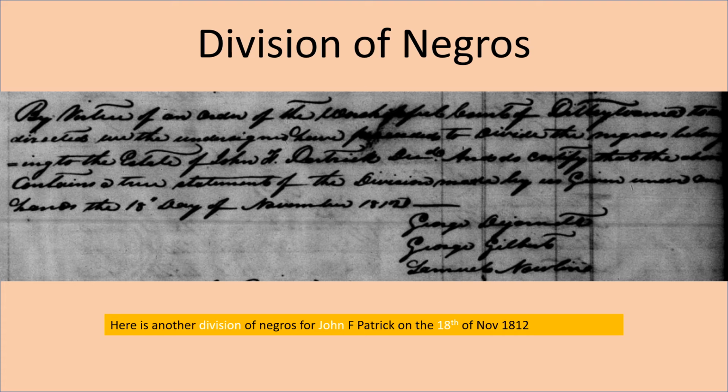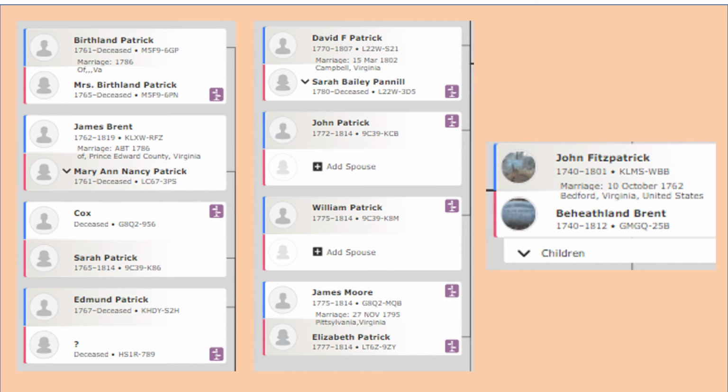Here's another division of Negroes for John F. Patrick on the 18th of November, 1812. Notice that on the document it gives his name as John F. Patrick, but in FamilySearch he's listed as John Fitzpatrick.